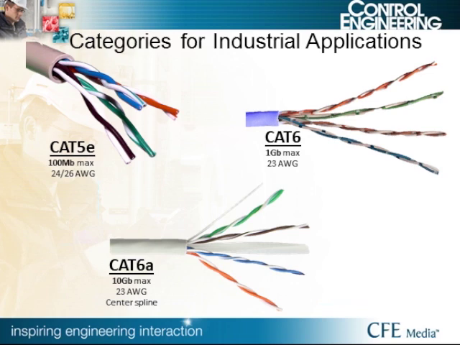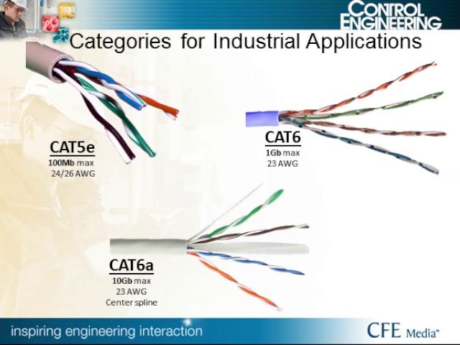Let's take a closer look at the three most widely used copper cable categories for Ethernet networks. Category 5E uses individual wires that are 24 gauge for fixed cabling and 26 gauge for patch cables. Category 6 has thicker conductors than Category 5E.